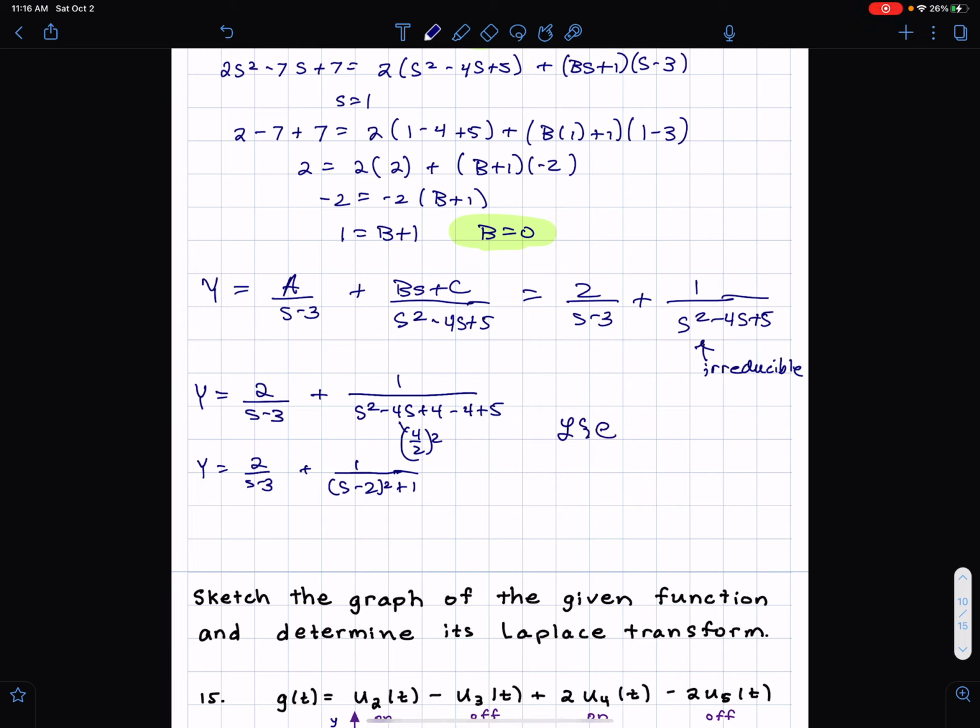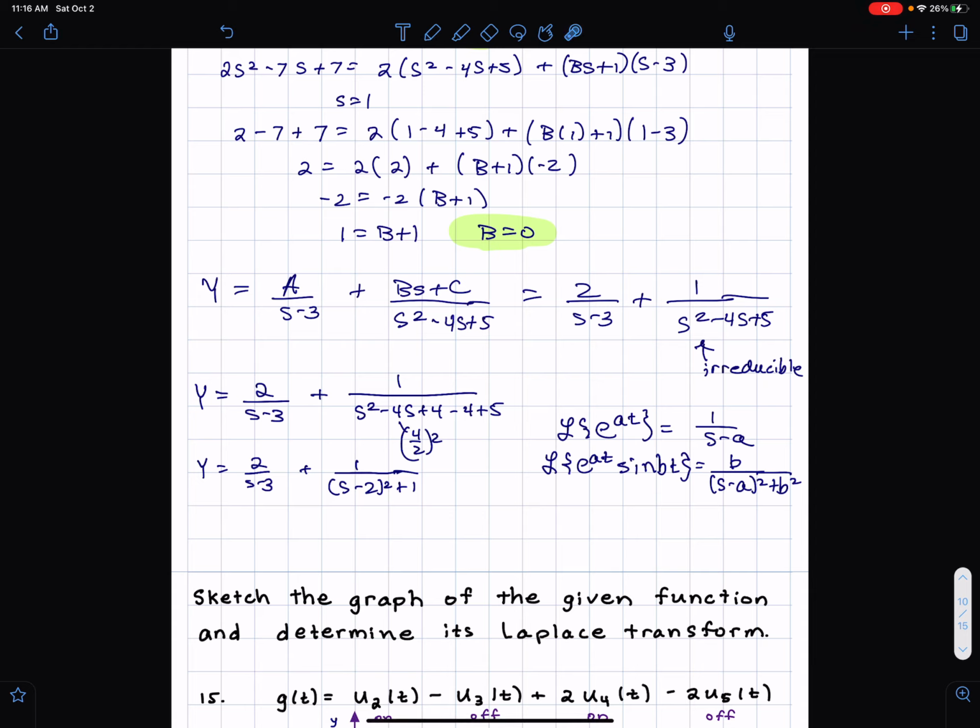Laplace transform of e to the at is 1 over s minus a. So that's used for this one here. Laplace transform of e to the at sine of bt is b over s minus a squared plus b squared.